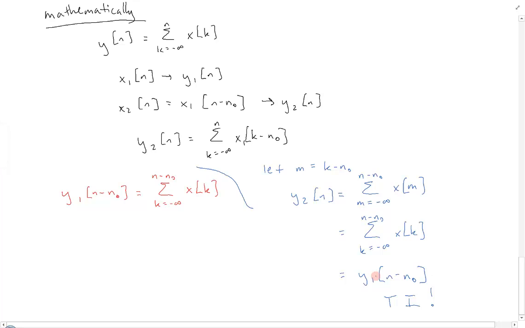Overall, we have seen what it means for a system to be linear and time invariant. We have also seen how to determine if a given system is LTI. Once we know that a system is LTI, we can analyze it readily by using the properties of linearity and time invariance.